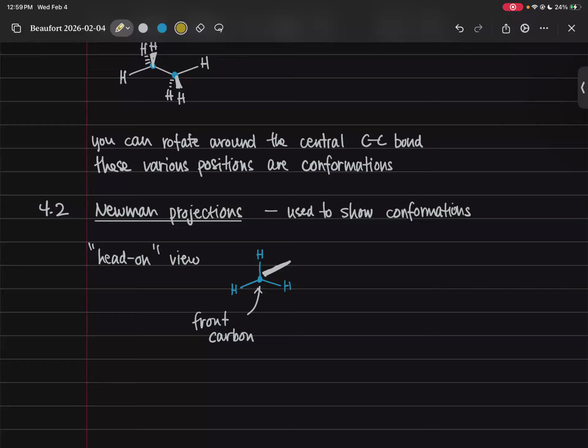At the back, we have a carbon, that'll be yellow, and it has the same triangle pattern just upside down, at least in this staggered configuration. So we have something like this. I'll draw it a little smaller to show that it's further away. And those three substituents are all hydrogens.